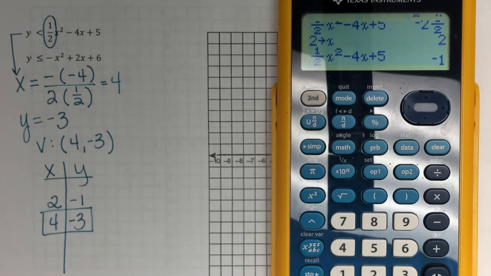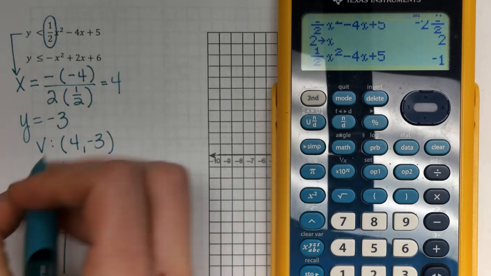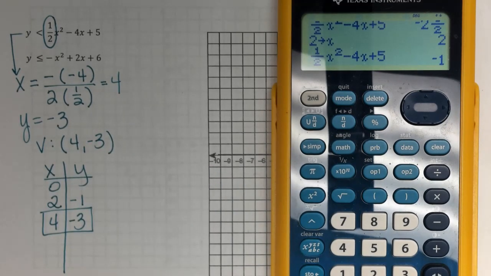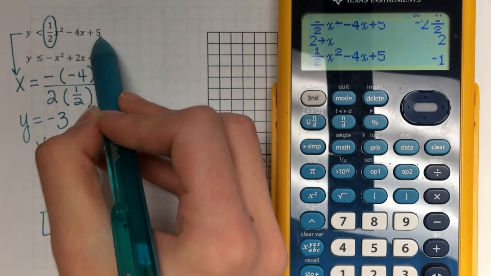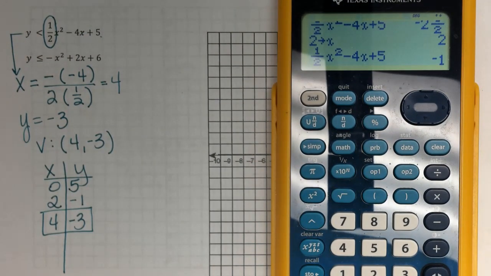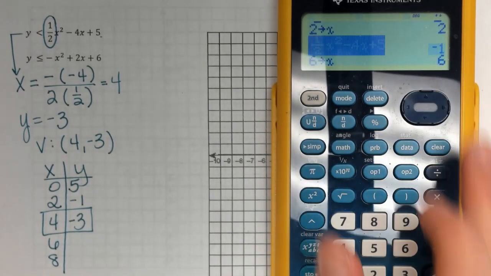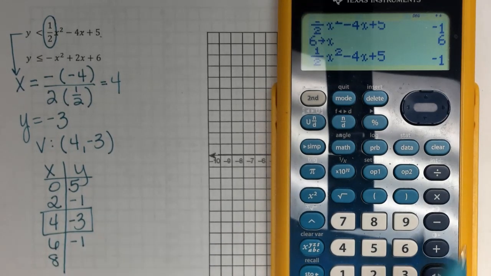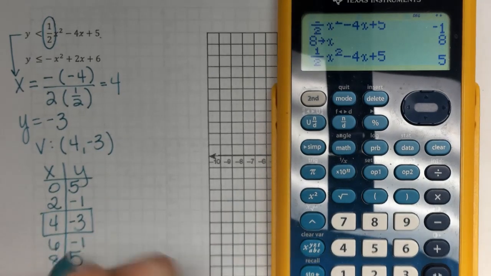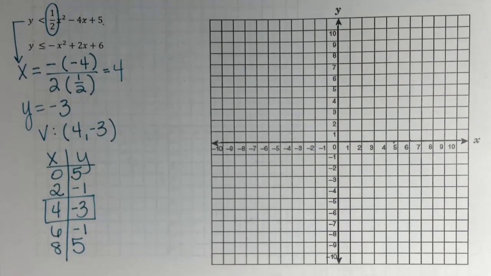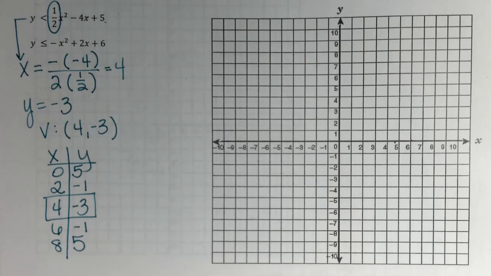If I were to try 1, I'm going to get a fraction again, so I'm going to skip till I get 0. When I plug in 0 to that equation, all of this would go away, so I have 5. So in the opposite direction, I'm going to skip my 5, and go to 6, skip my 7, and go to 8. So 6 stored for x gives me my negative 1. 8 stored for x will give me my 5. So remember that when you have a fraction for your a, you're going to have to skip count in your table.